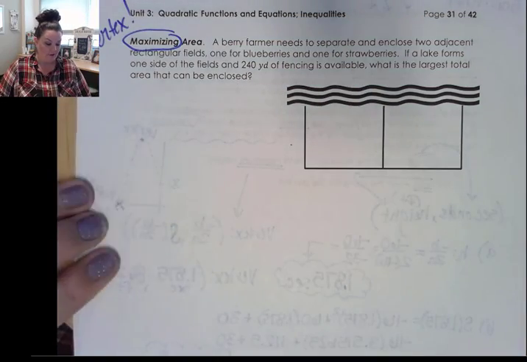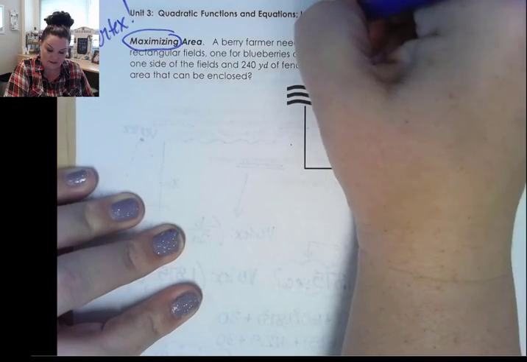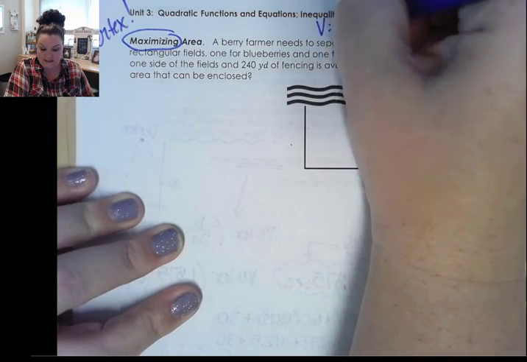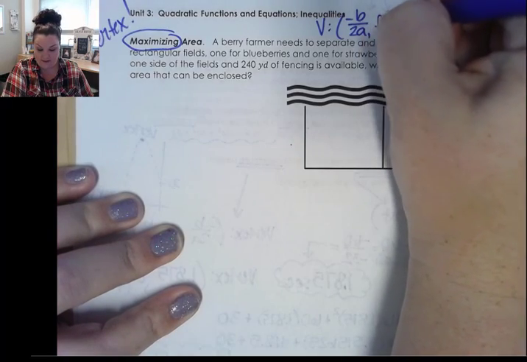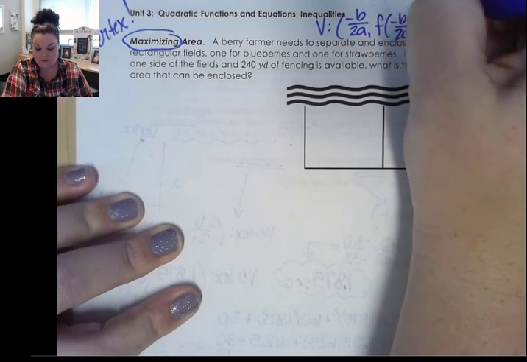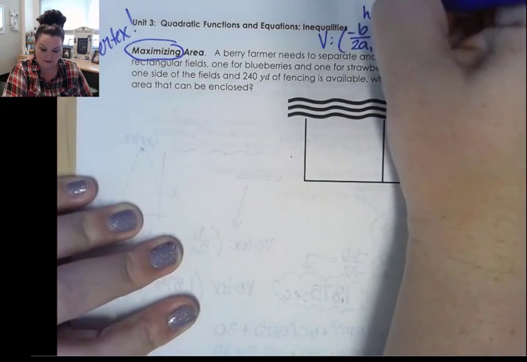So I'm going to go ahead and just put what my vertex shortcut is. My vertex shortcut is negative b over 2a, and then we can take that and plug it back into our function to find our k value. So this would be our h, this would be our k.